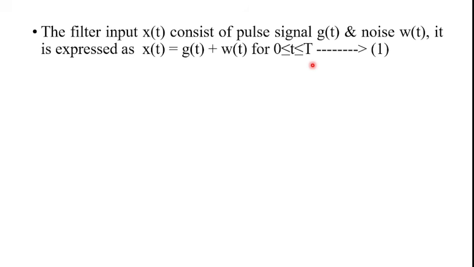The pulse signal g of t may represent a binary symbol 1 or binary symbol 0 in a digital communication system. The w of t is the sample function of a white noise.